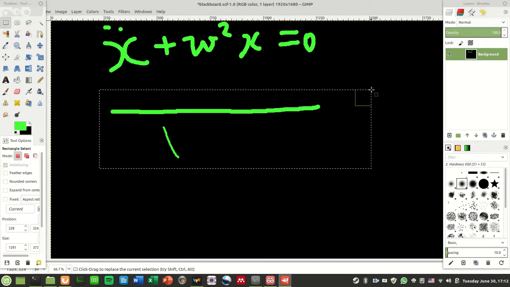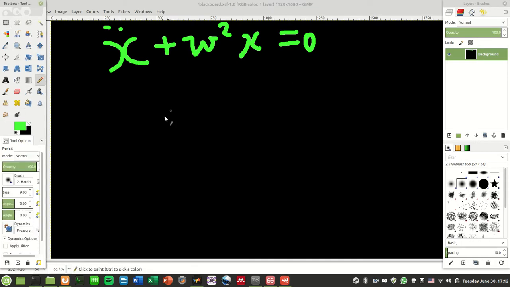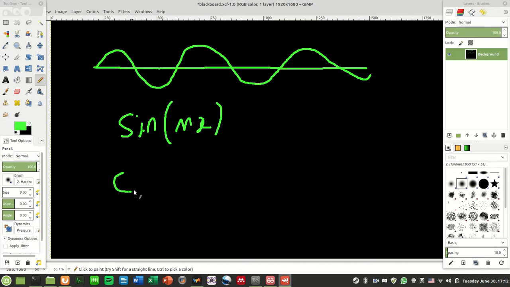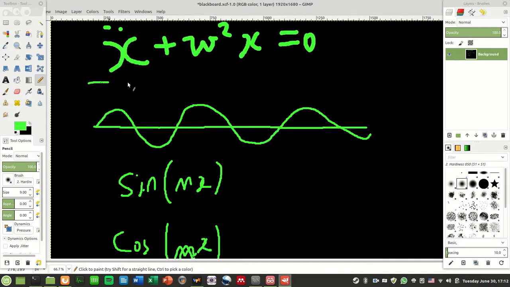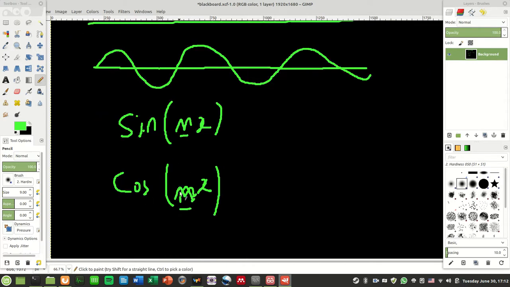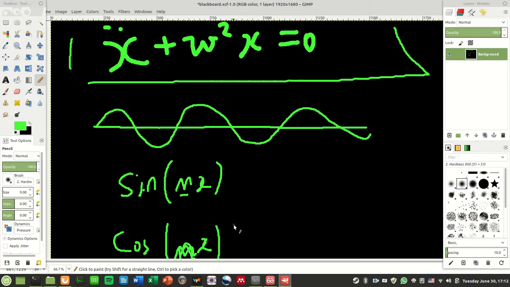Usually we'll have a situation where the solutions are in terms of sines and cosines, so it's a sine mx, and a cosine mx, or maybe nx, depending on whatever you have. So generally the solution is as so. The values of m and n here are determined by the boundary conditions.